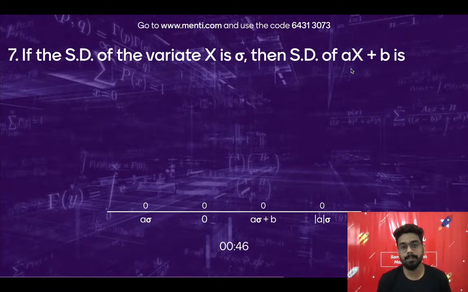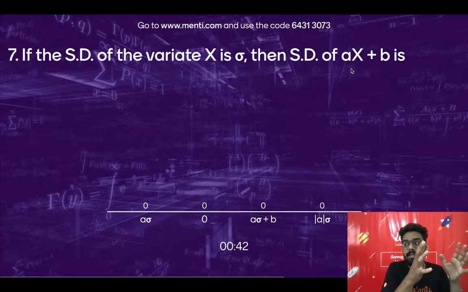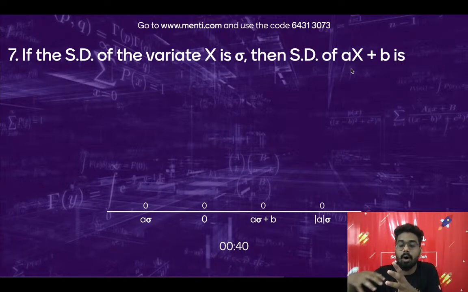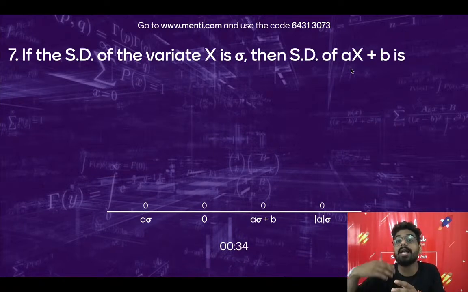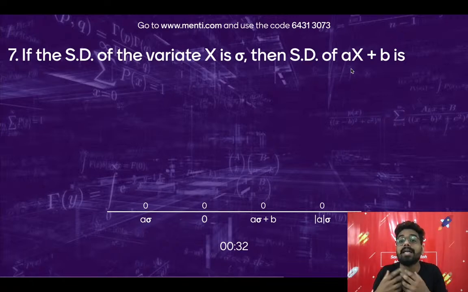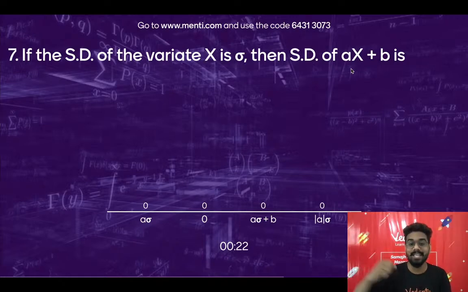That's the only thing. I have shifted my origin, but shifting the origin, that is plus b, will not affect the value of SD. But I have scaled up, that means I have multiplied x with a, and this is why my variance will get multiplied with a square, but standard deviation is the root of variance. This is the concept.